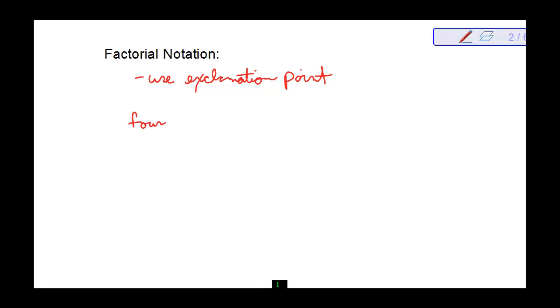Now what we're going to look at is factorial notation. Factorial notation uses the exclamation point. What this actually represents is when we have 4 factorial, that is written 4!.